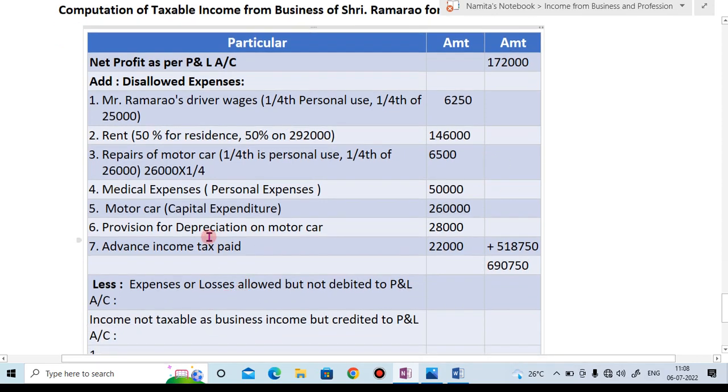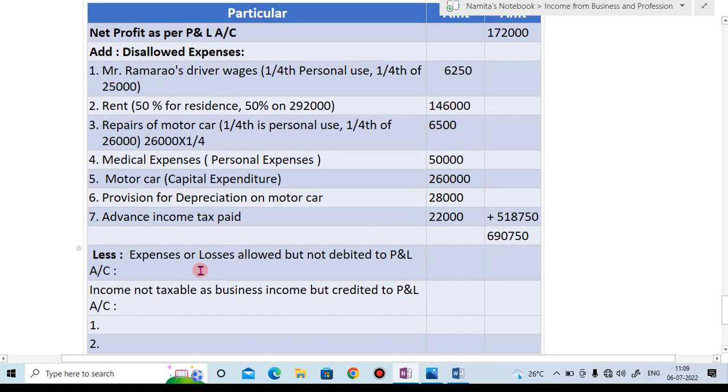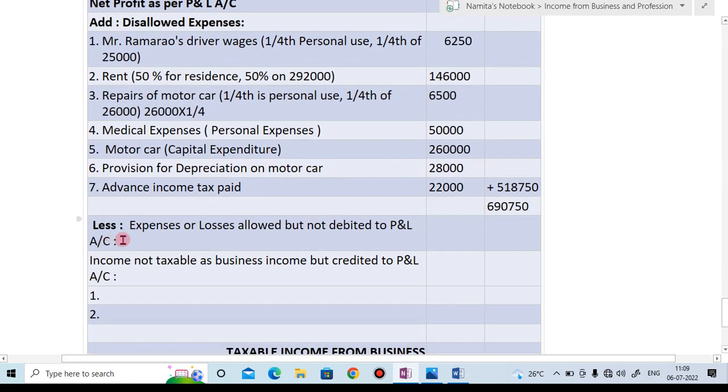Now from this total, we have to deduct expenses or losses allowed but not debited to P&L account. Expenses or losses allowed means the expenses and losses which are allowed for the business, and these are not shown in the debit side of profit and loss account. So where will it be given?